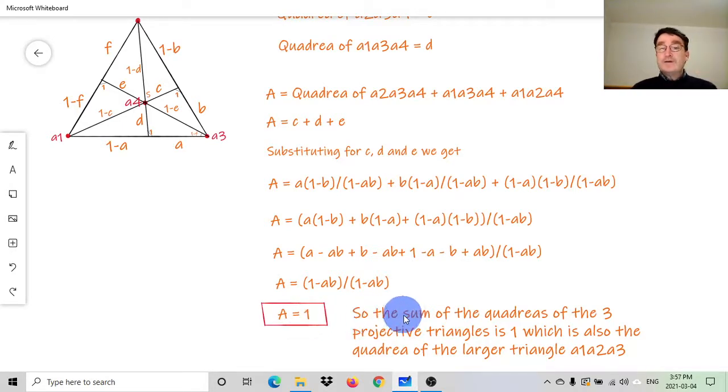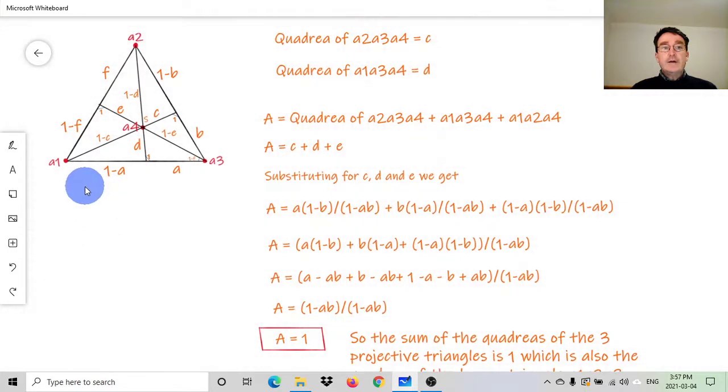So the sum of the quadrias of the three projective triangles is 1, and that's the same as the quadria of the larger triangle, the triangle A1, A2, A3. So there's three triangles inside, and if you sum those three quadrias, it's equal to the quadria of the larger triangle.